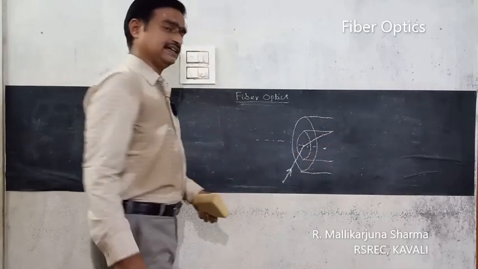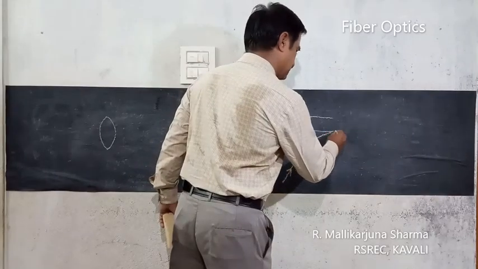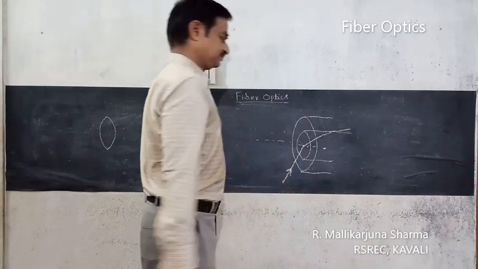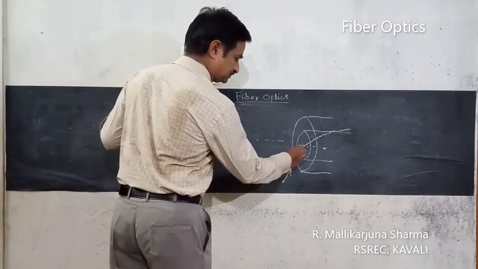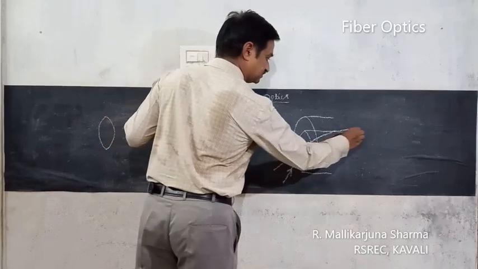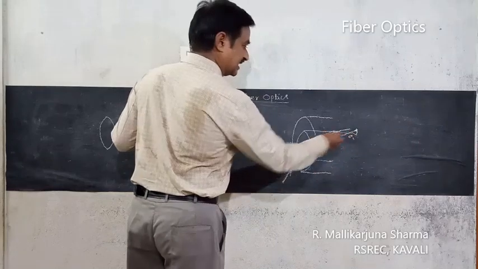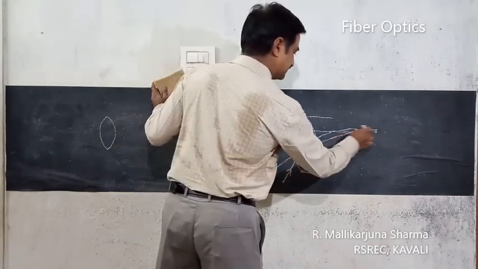If this angle is more than the critical angle, it comes back into the core, or otherwise it goes out like this. And if we increase this angle, at one particular angle it is equal to the critical angle and it grazes the surface.